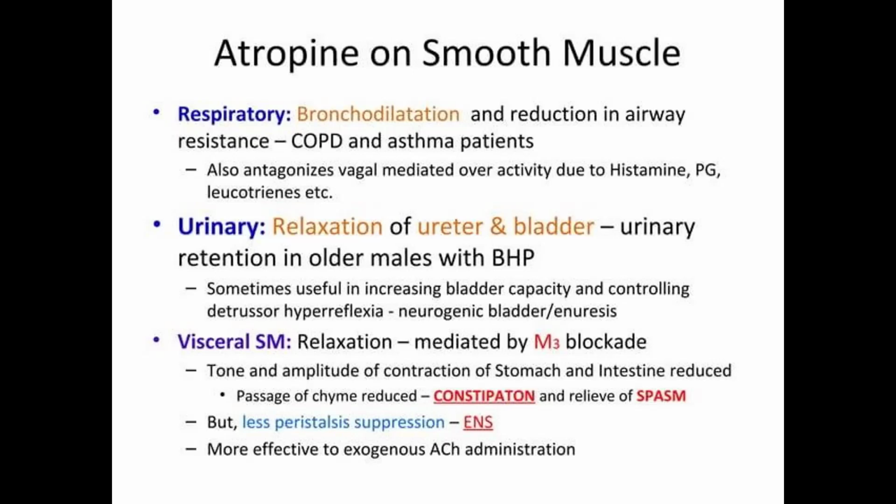It causes relaxation of the ureter and bladder, and urinary retention in older males with benign hyperplastic prostatomegaly. In BHP, it's highly contraindicated. Sometimes we can use it for increasing bladder capacity and controlling detrusor hyperreflexia, neurogenic bladder, and enuresis.